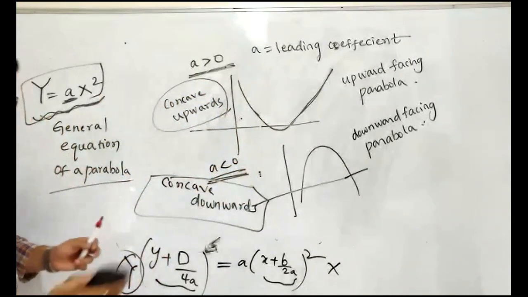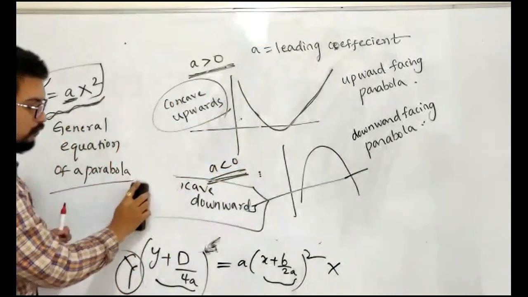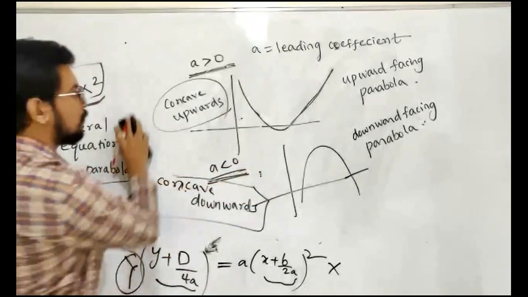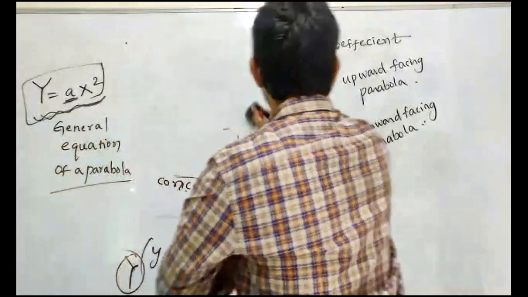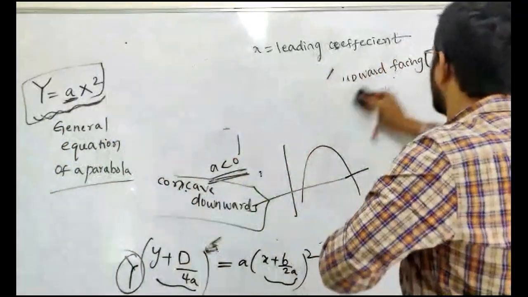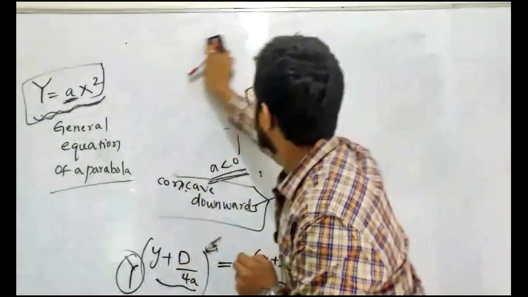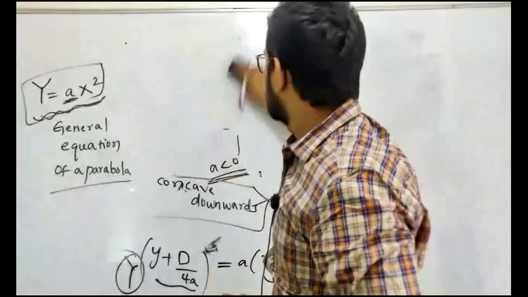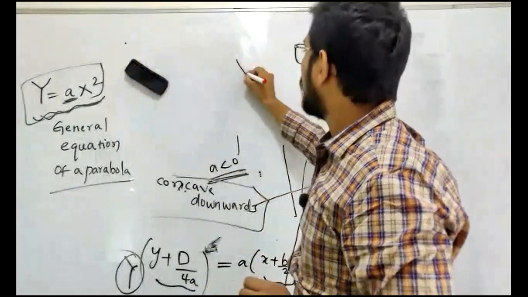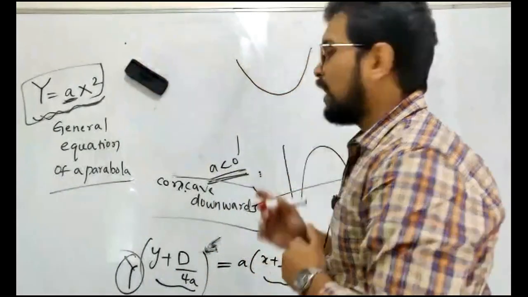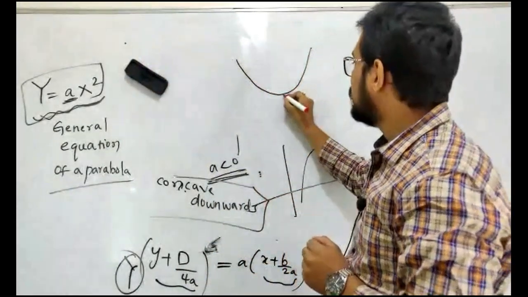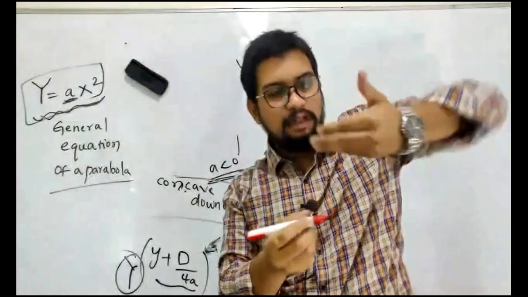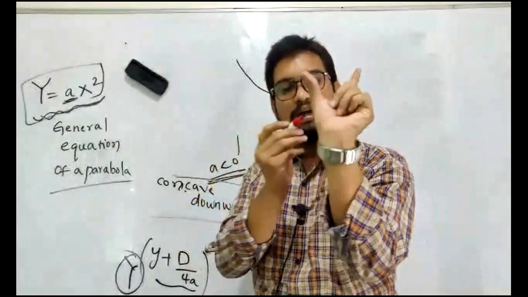Now if I consider some parabola like this, this tip, which you have, for example, if I take a parabola like this, there is a parabola, right?